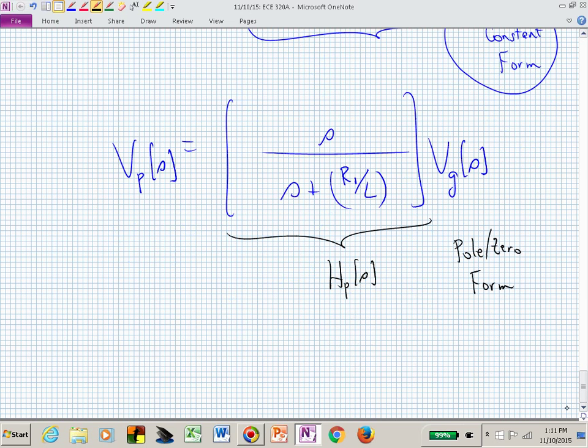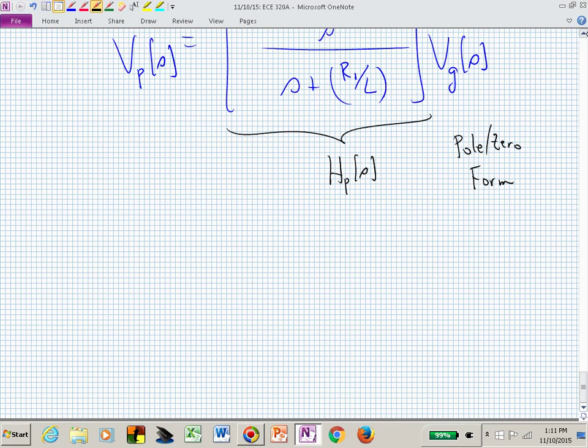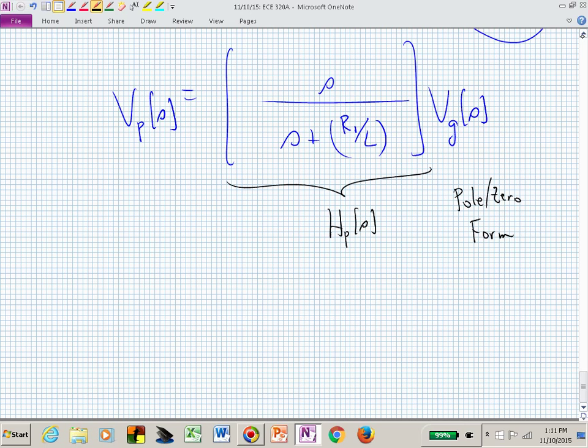But can you give me a picture as to what this is doing with respect to frequency? What happens at high frequencies? It goes to 1, doesn't it? The denominator, if S is really, really big, the R1 over L will be dominated by the S, and that will be very close to the S in the numerator, and this is going to go to 1 for high frequencies.